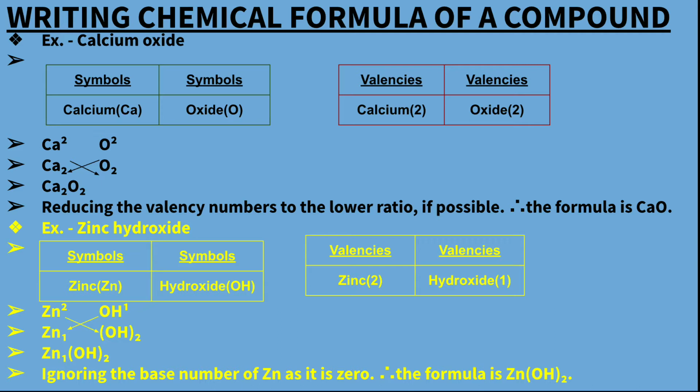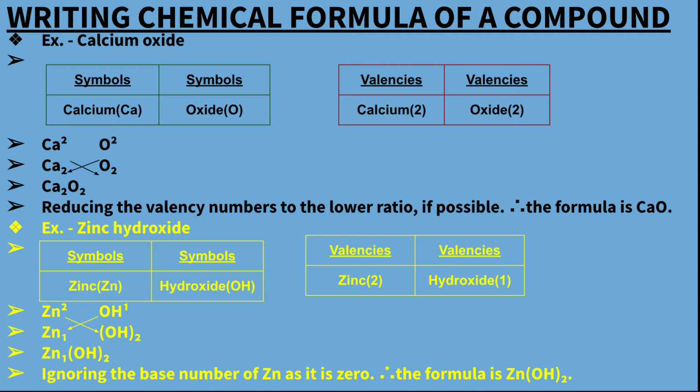Now interchanging the valencies, the 2s are crossed. Both have the same valency, so we reduce by dividing the valency numbers by the HCF, which is 2, and it becomes 1.